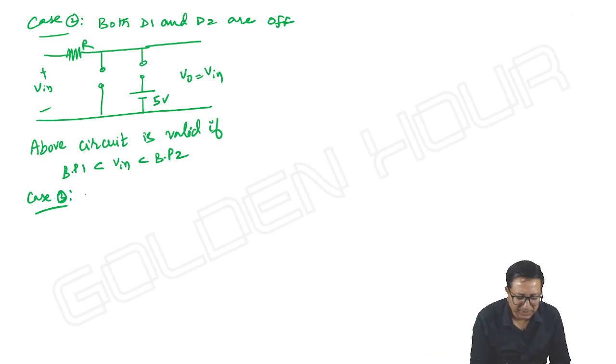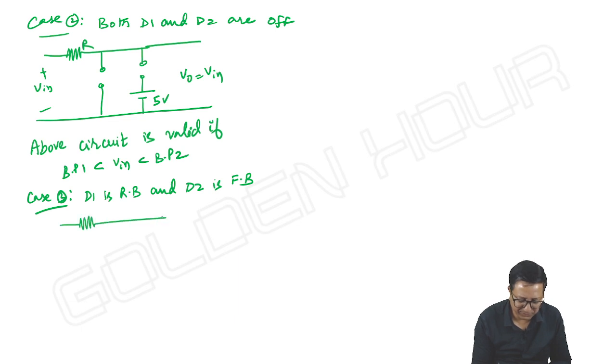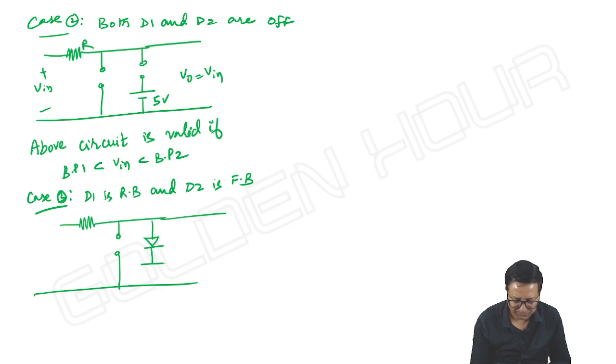Anyway, D1 is reverse biased and D2 is forward biased. The equivalent circuit. Then output is equal to 5.7 volts.